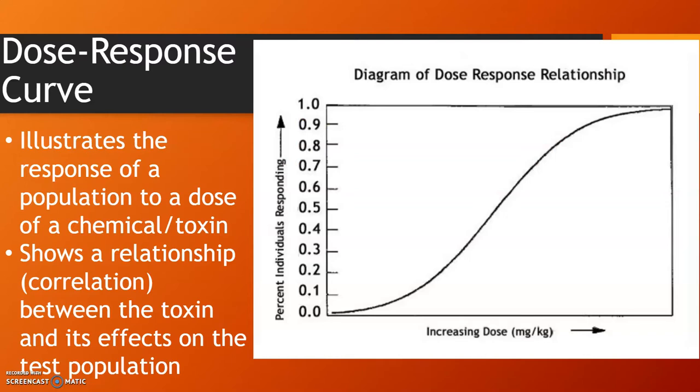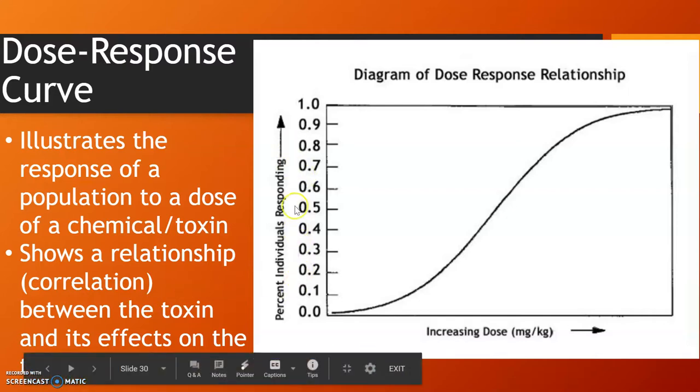We have something called a dose response curve. It illustrates the response of a population to a dose of a chemical toxin. It shows the correlation between the toxin and the effects on that test population. So what percent of the individuals respond in terms of how much dose, and then increasing the dose.